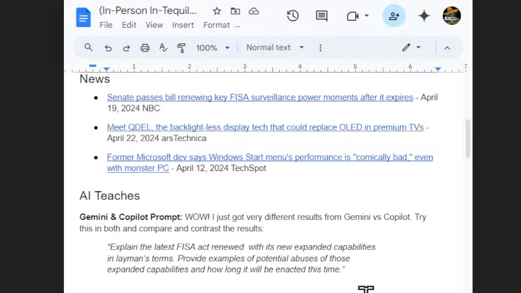It gave me a write-up. How often do you say Edge should just be Chrome, or Microsoft should just be Google on something as far as search and information? But it gave me a whole breakdown of everything that was going on, as well as references I could click on to see the abuses that could possibly happen because of the expanded powers. Granted, it didn't go into great detail. What it did was give me the links where people had used examples of the kinds of abuses that could happen.